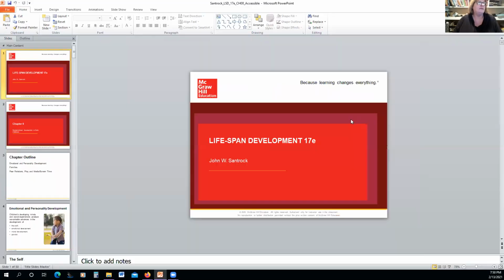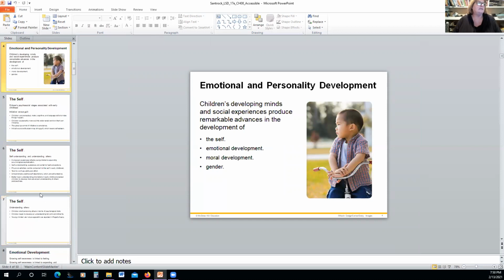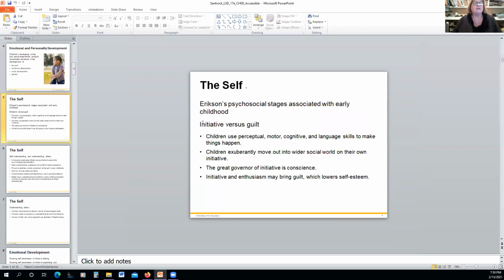And then this last chapter, chapter 8, just gets into social emotional development and early childhood. It talks about the idea of self and the sense of self. Erikson talks about this idea of initiative versus guilt. Remember, the first two stages of Erikson were trust versus mistrust and autonomy versus shame and doubt.